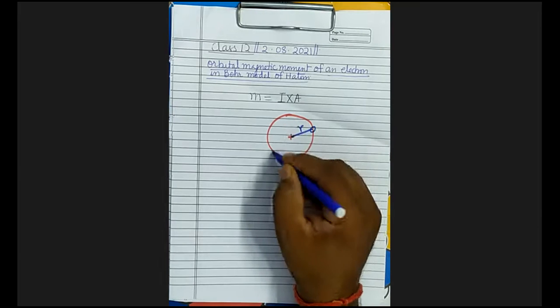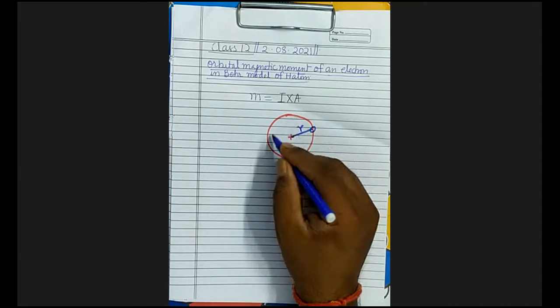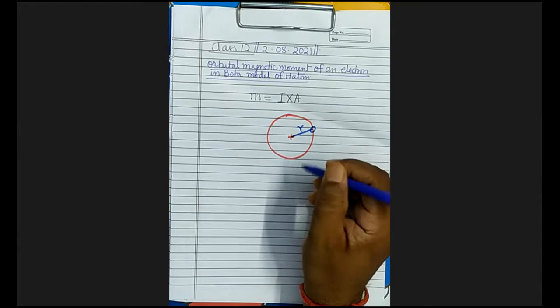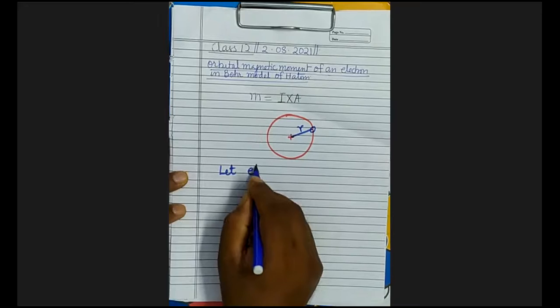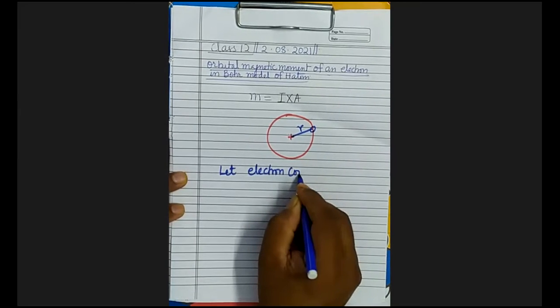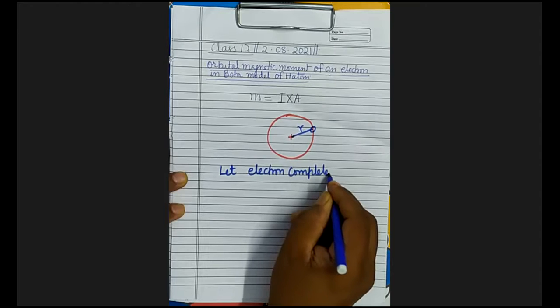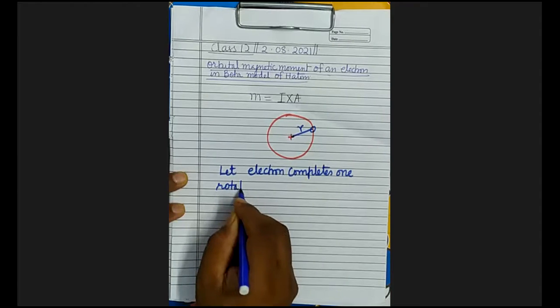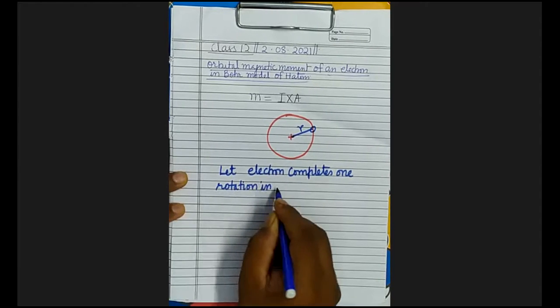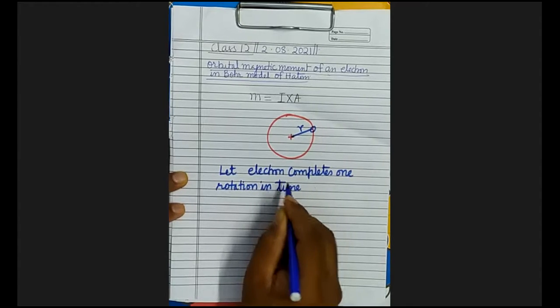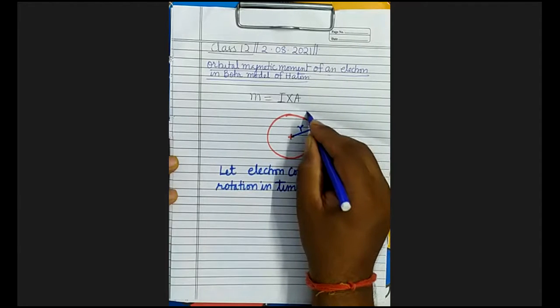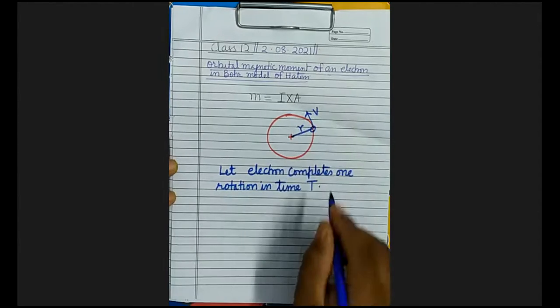So when the electron moves, its motion will produce a current. What will be the current? Let the electron complete one rotation in time T, moving with velocity v.